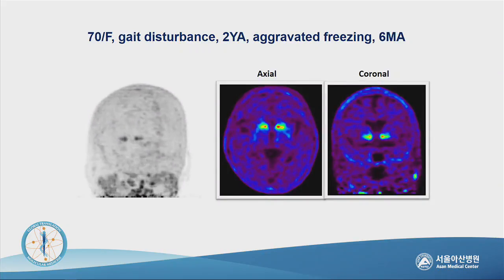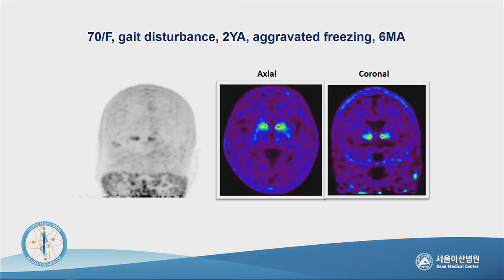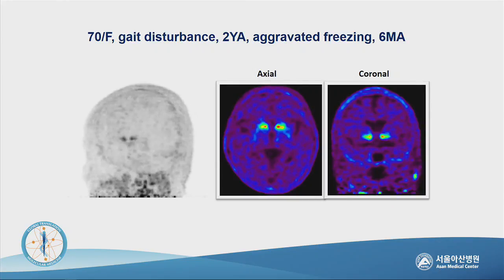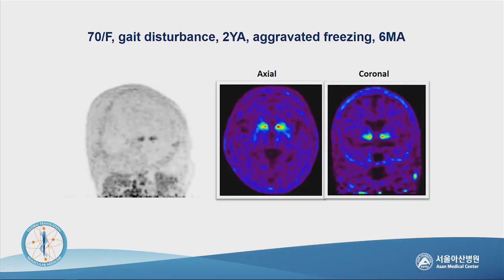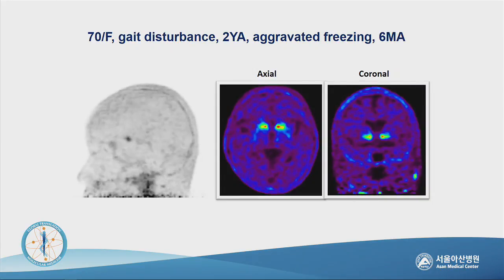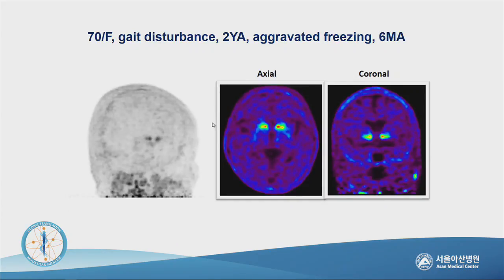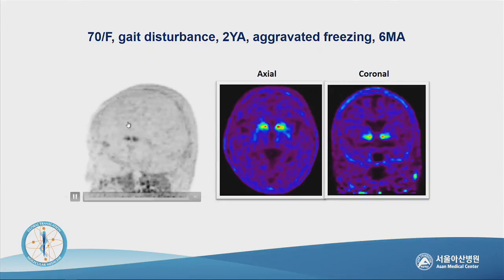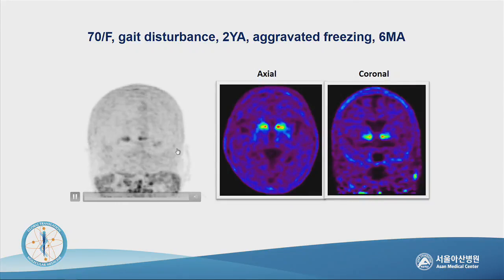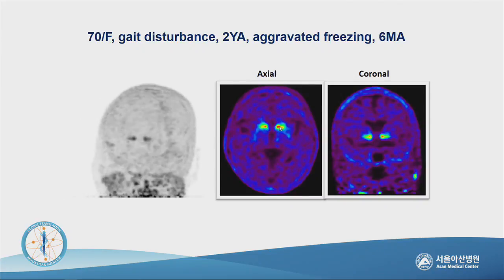In this case, a 70-year-old female suffered from gait disturbance and freezing for 2 years. Can you make a diagnosis using FP-CIT PET alone? As you can see, there is a significant DAT loss in the entire striatum except the ventral striatum. In the transverse image, you can see ventral uptake.